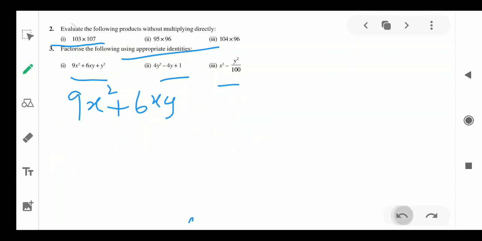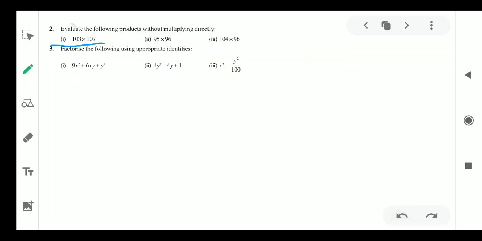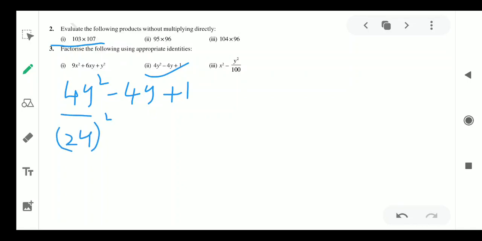Now see the second question: 4y square minus 4y plus 1. So first, the first term can be written as 2y whole square. The last term is easy, you have to write 1 square. Here there is minus.